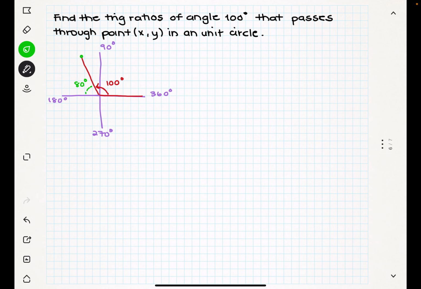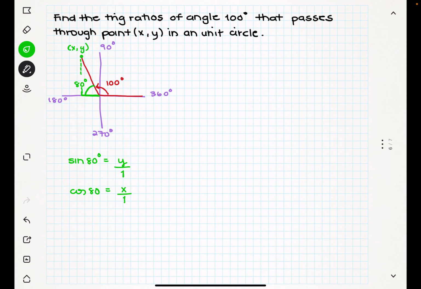My point is, again, a generic point, x comma y. So I'm going to have, this is my y, this is my x, and this is the angle that I'm going to be working with. Okay, so to get my functions, I'm going to have the sine of 80 is going to be opposite over hypotenuse. We're still working with a unit circle. The cosine of 80 is going to be x over 1.